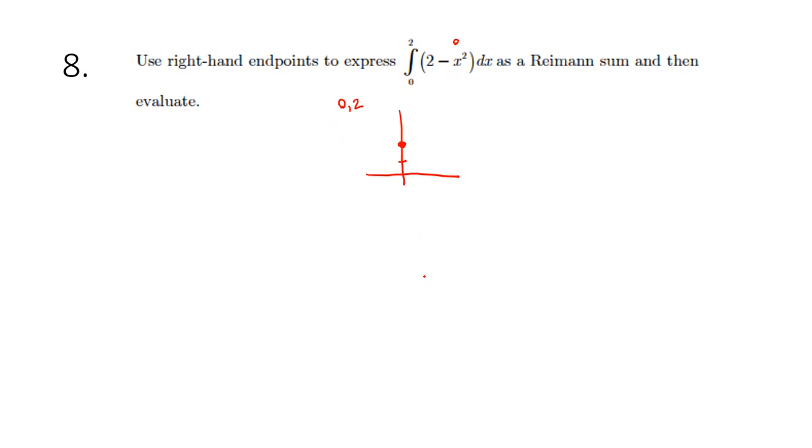That's my first point. Then if I use 1, I plug in 1, that's 2 minus 1 squared. So that would be 1, 1 as my next point. And then 2, if I plug in 2, I would have 2, 0.